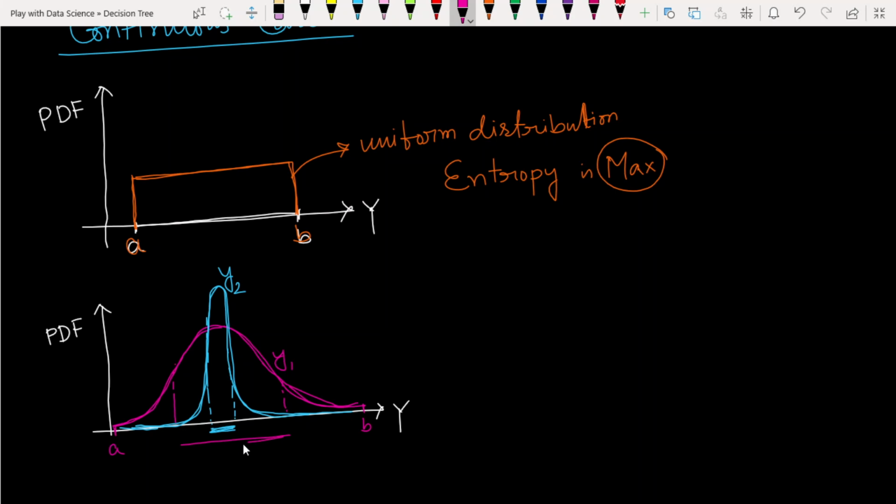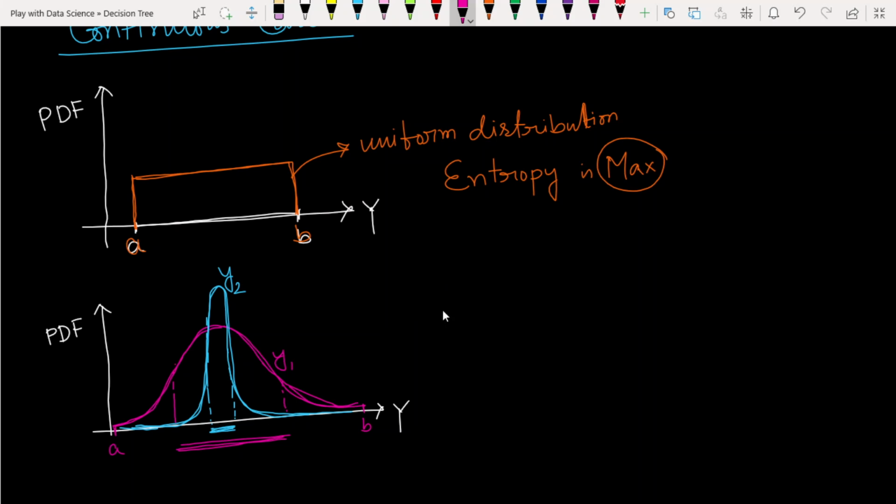So y1's spreading is much more than y2's. In y2 we give less importance to all the values, but in y1 we give more importance. The chances of occurrence for y1 are more than for y2.